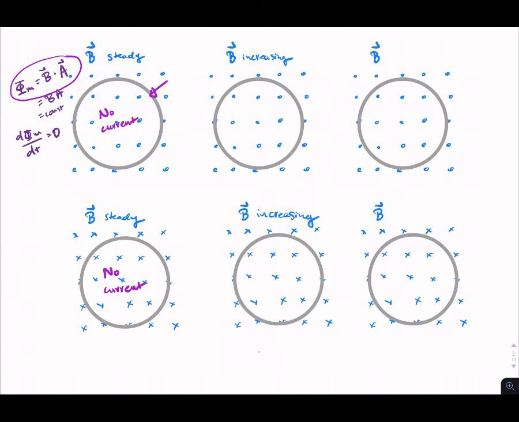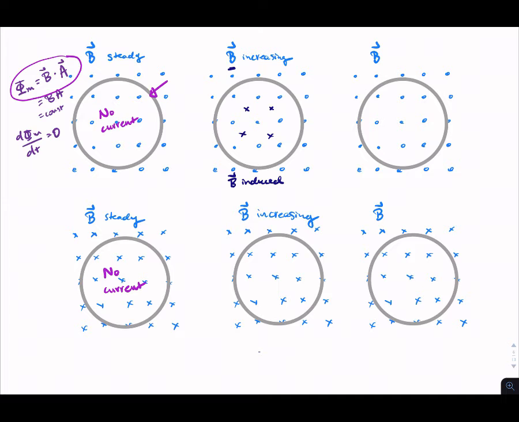So if the field we start with, this B, is pointing out of the page and increasing, that means in order to counter that, to try to get back to the original field, we want to subtract off with our induced field. So this would be B induced. And then we just use the right-hand rule from what we would assume is our induced magnetic field in order to get our current.